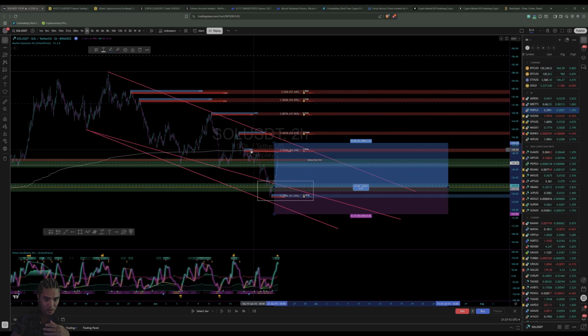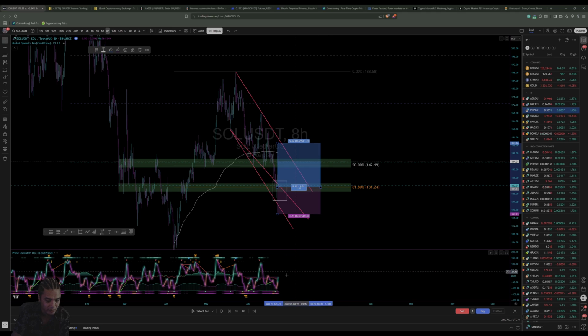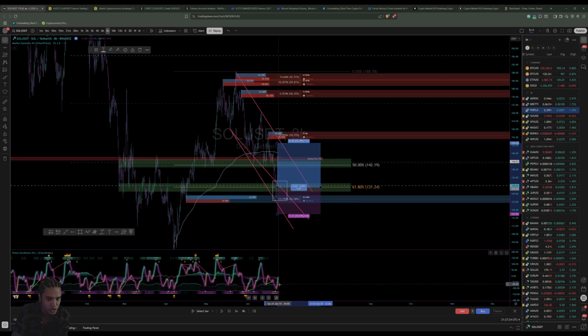Okay, look. We got confluence of that being a resistance area on a low time frame. So what did the low time frame tell us versus the higher time frame? High time frame, it still has a little bit of juice to go higher. So maybe it'll break through that resistance and keep going higher.